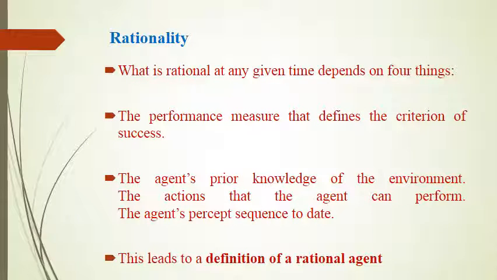So what is rational at any given time? It depends on four things: the performance measure that defines the criterion of success, the agent's prior knowledge of the environment, the actions that the agent can perform, and the agent's percept sequence to date.